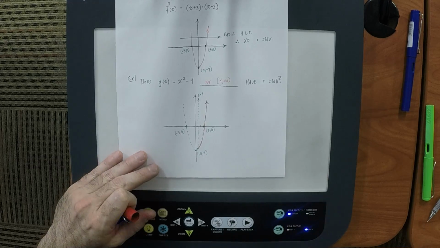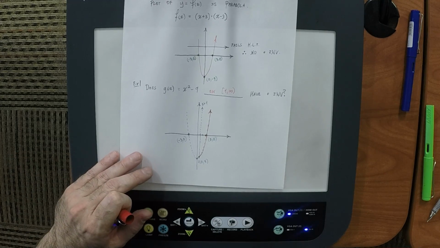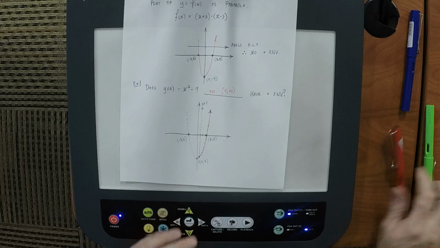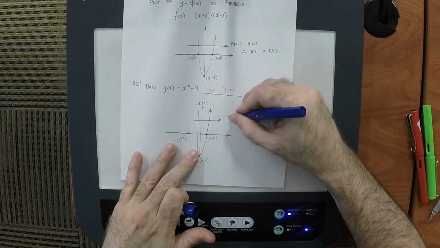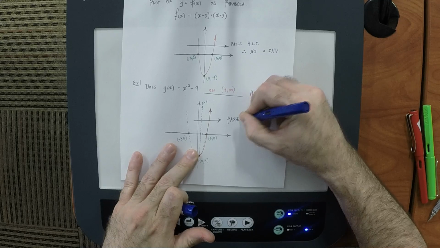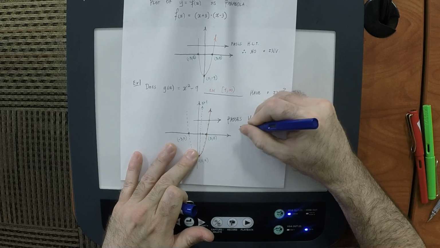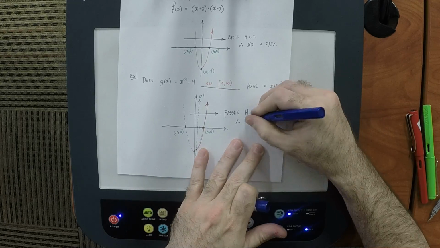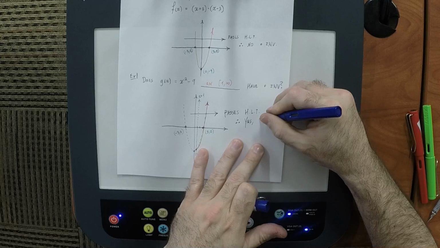Now, concerning the red bit, does that have a compositional inverse? It does. It passes the horizontal line test, and therefore, yes, there is a compositional inverse.